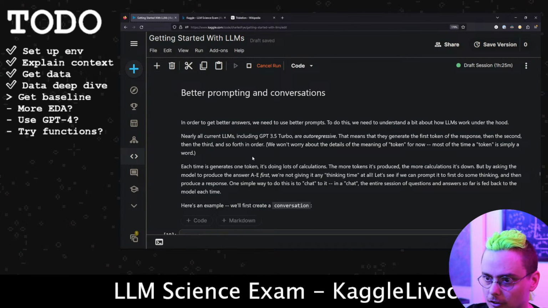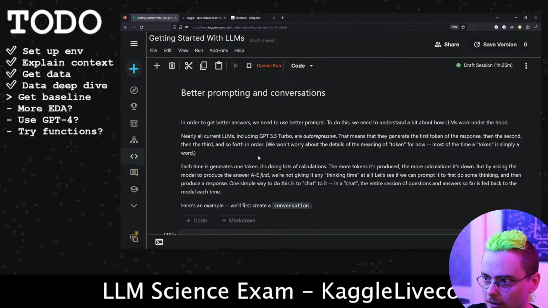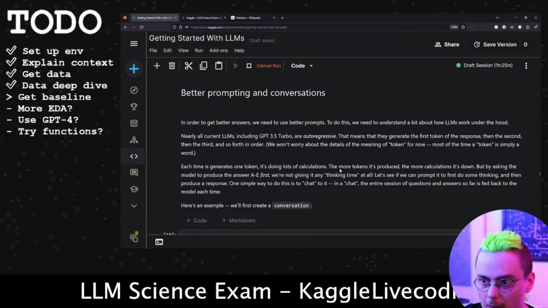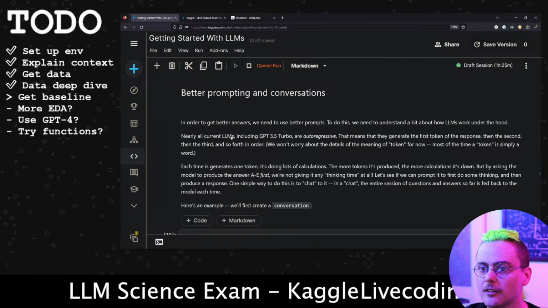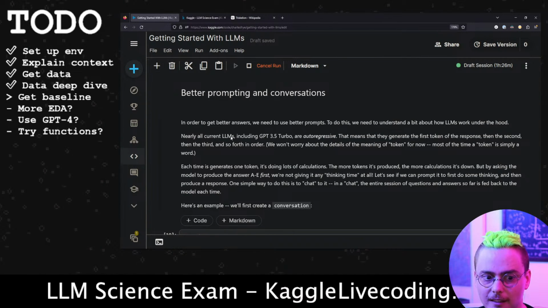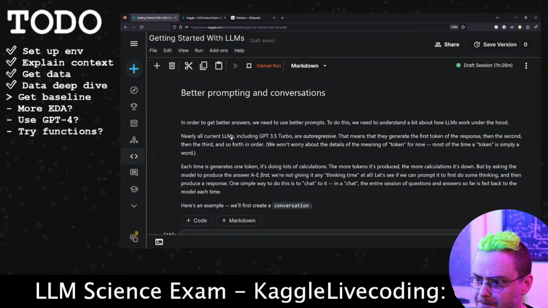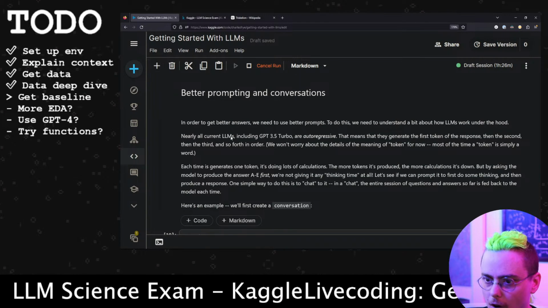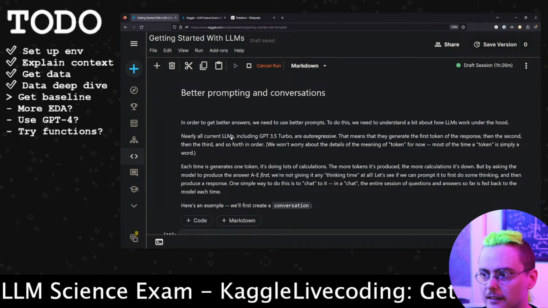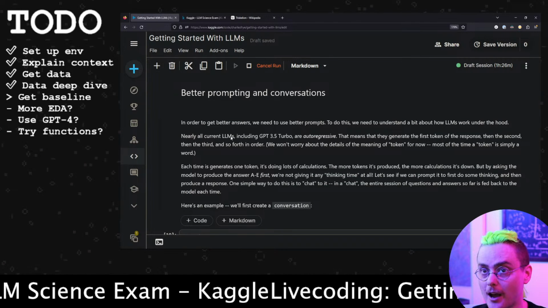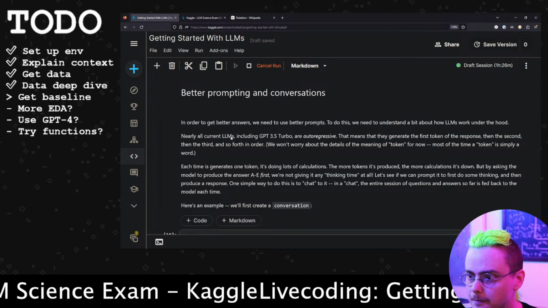So what Jeremy does here is make a stronger language model by coming up with a better prompt. And the most important thing about prompting language models is to recognize that the autoregressive style means that they generate these tokens one at a time rather than generating a whole bunch of them.